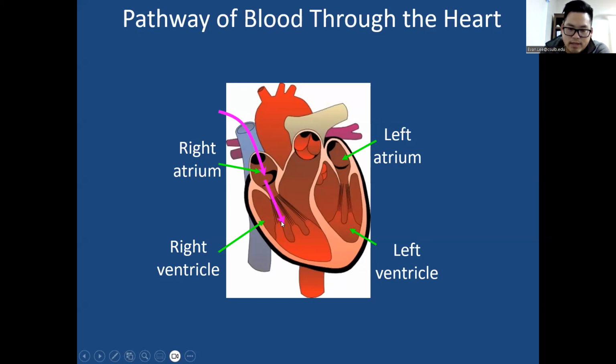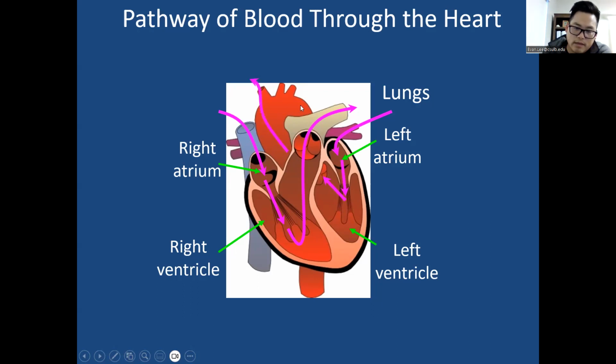The tricuspid valve leads into the right ventricle, and then from the right ventricle, you go out through the aortic valve, into the pulmonary trunk, and then into the pulmonary arteries. Then the pulmonary arteries go to the lungs, but then come back through the pulmonary veins, into the left atrium, through the mitral valve, into the left ventricle, and then you have another valve, the aortic valve.